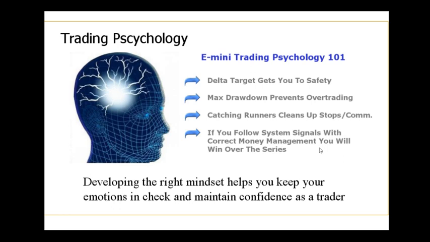Correct money management is if you get an alert and price crosses the alert and you take an entry and then price goes 4 points in your favor, you wouldn't turn around and watch the price come all the way back down and crush your entry and then take a 2-point stop, right? That's what I mean by correct money management.